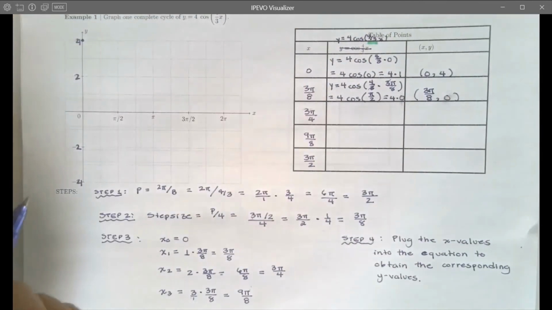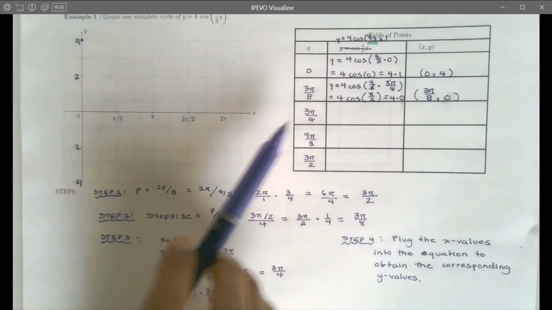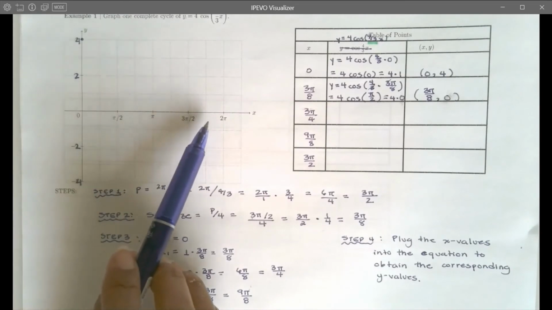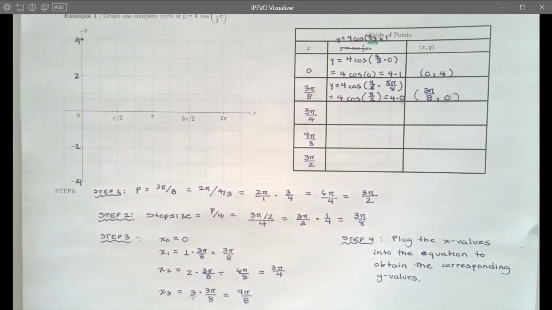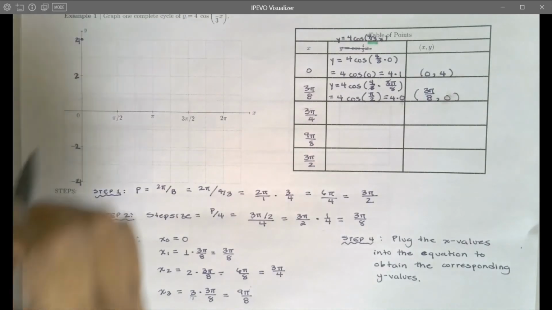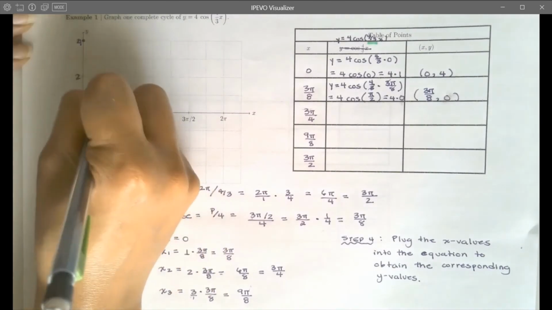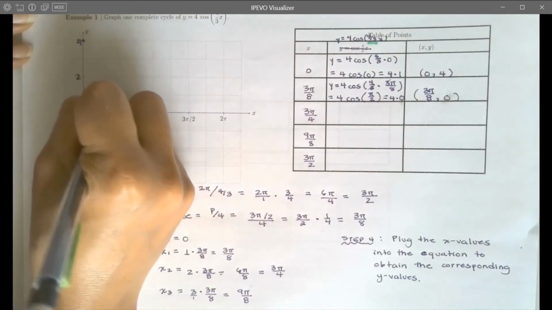Now, as you can tell, we don't have intervals of pi over 8. That means that we are going to have to try and find where those should be marked. What's going to aid us is a little trick that we've been learning in the past couple weeks: if we take pi over 2 and divide by half, we get pi over 4.